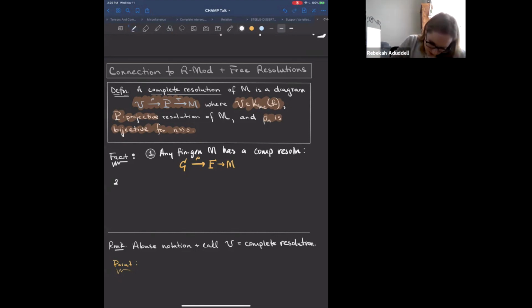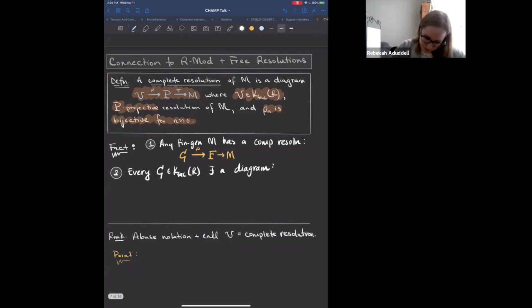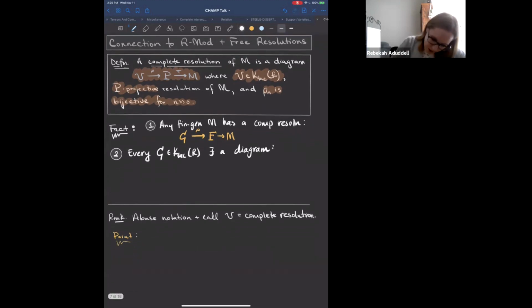So the second thing is that for every totally acyclic complex, we have a diagram where we can look at the truncation of C at N, and then our module is the image of the nth differential.